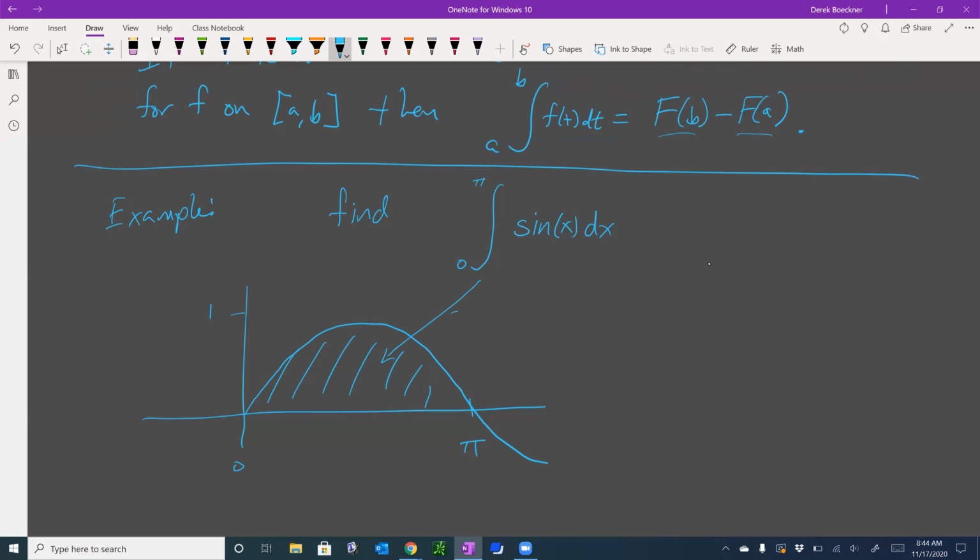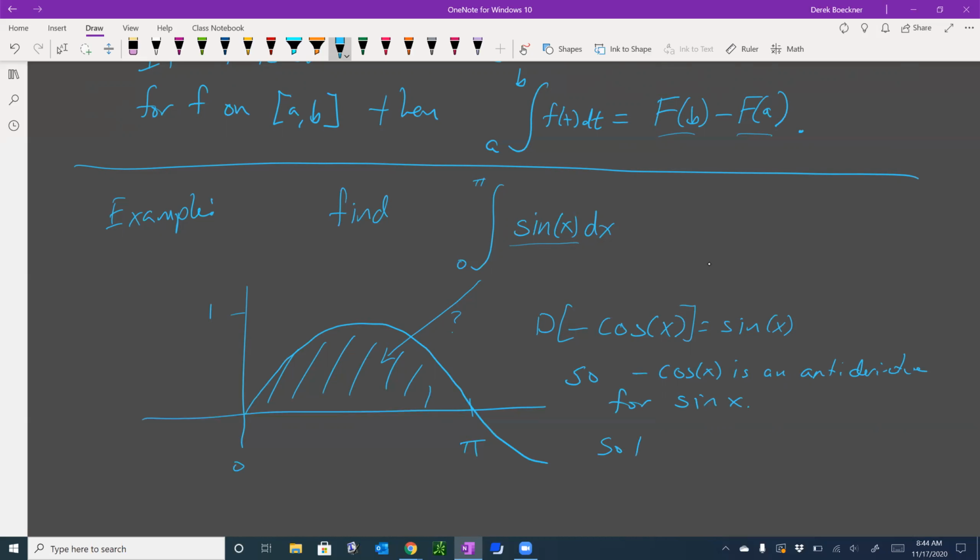So that's what this is. What is that? Well, what's an antiderivative for the sine function? The negative cosine. Okay. So the negative cosine of x, if I take the derivative of that, I get the sine function. So negative cosine of x is an antiderivative for the sine of x.